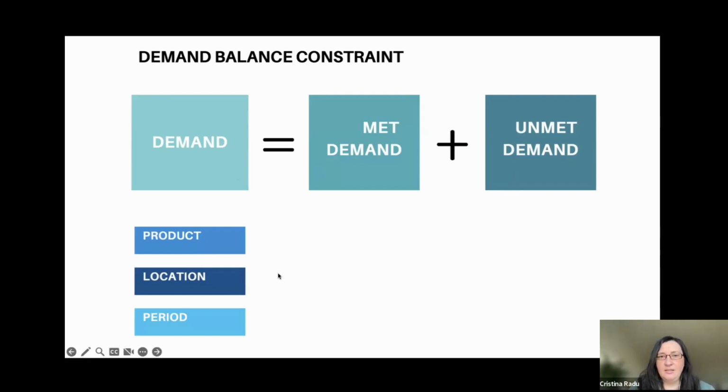In this case, it's the same, but you could have, for example, variables on product location period while your constraint is just on product period. So you aggregate by the location. So it gives you a constraint for a product in the whole network, not a product location. So these are a few comments about the demand.